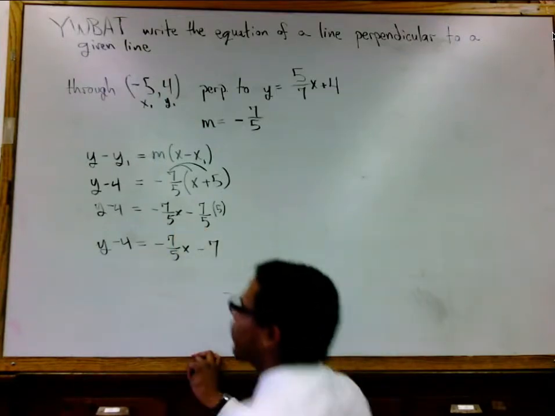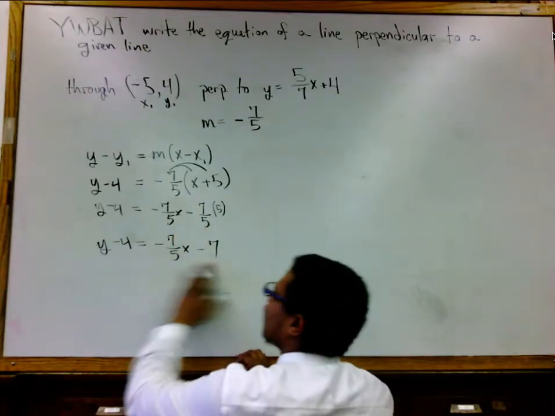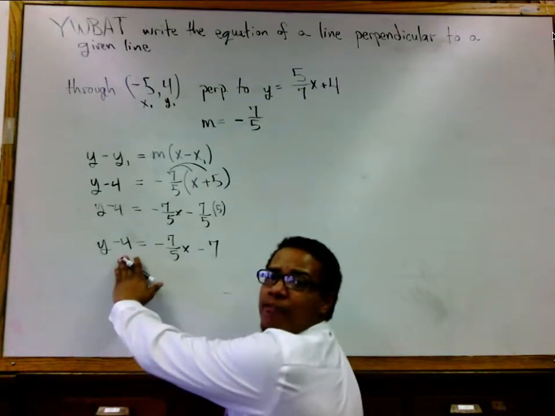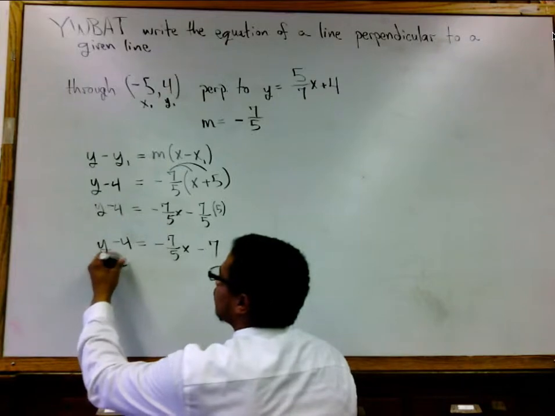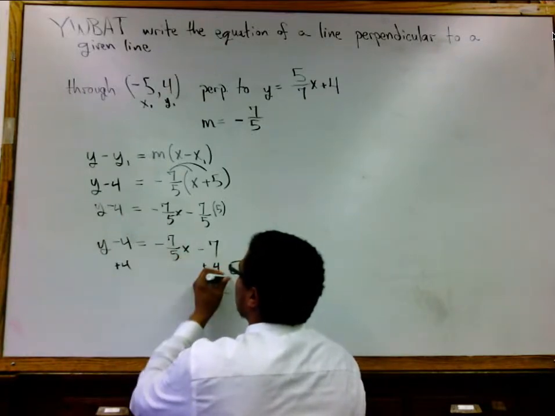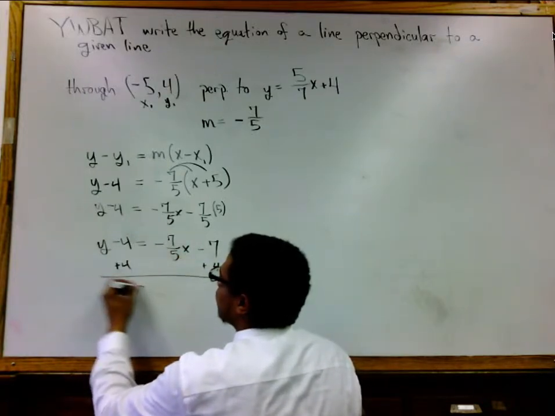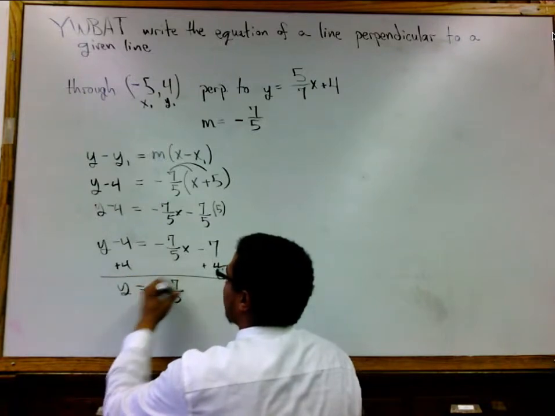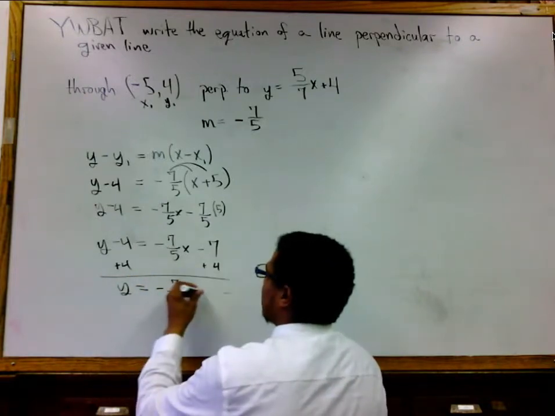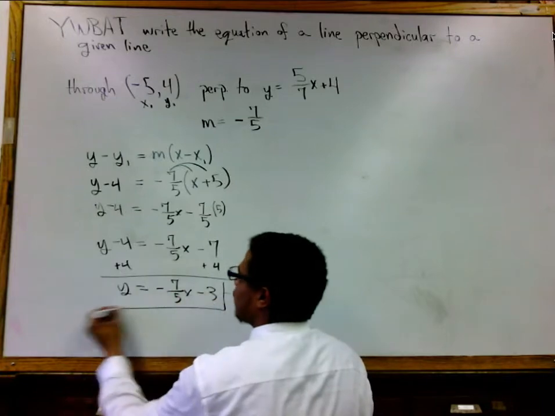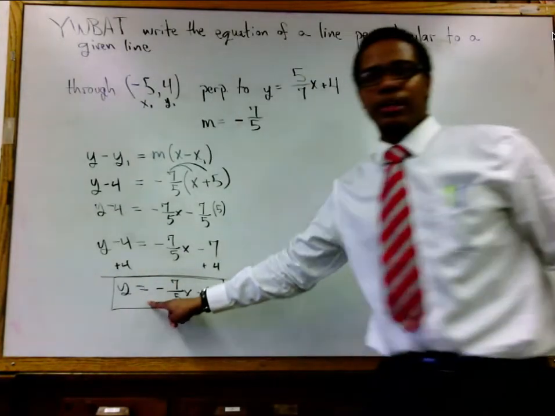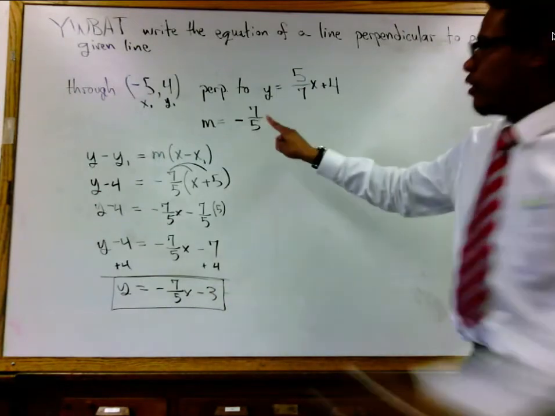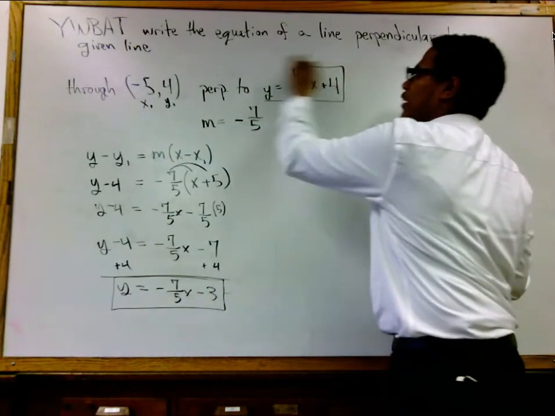And now I'm going to add 4 to both sides to get my y by itself. So y equals -7/5x minus 3. And this is the equation of our line perpendicular to this line.